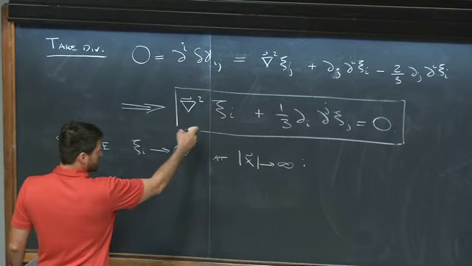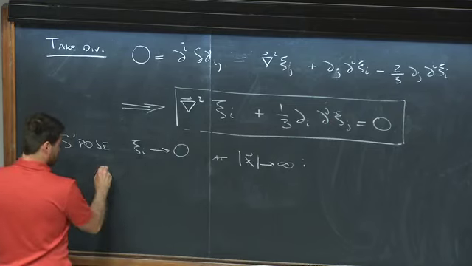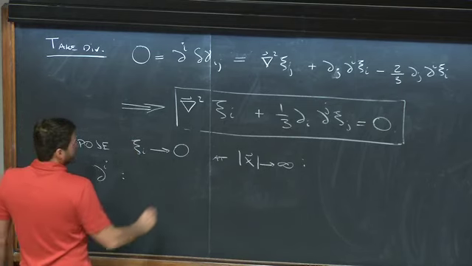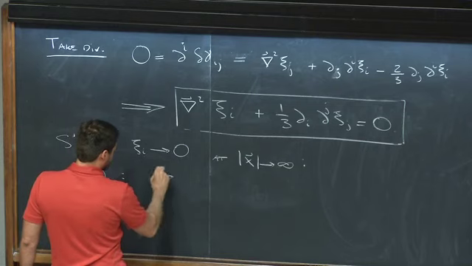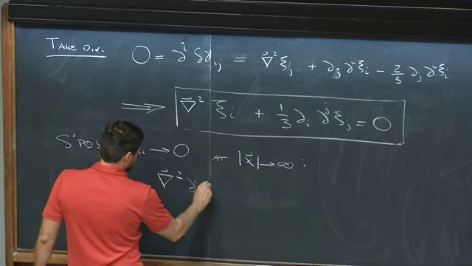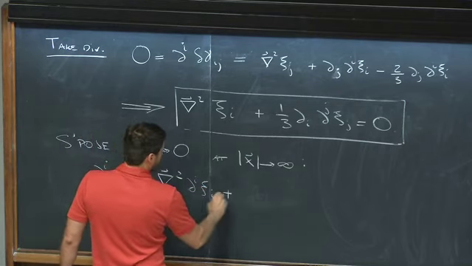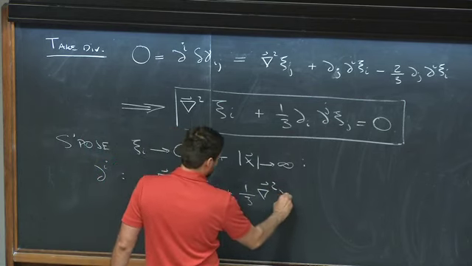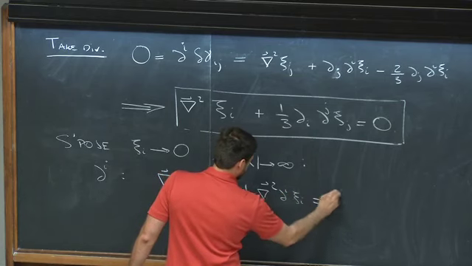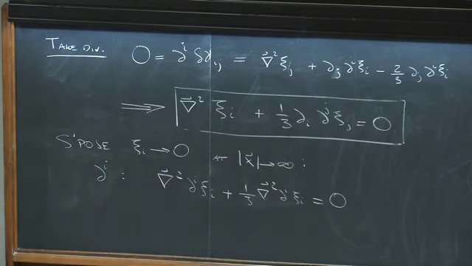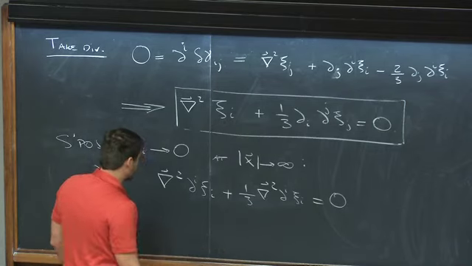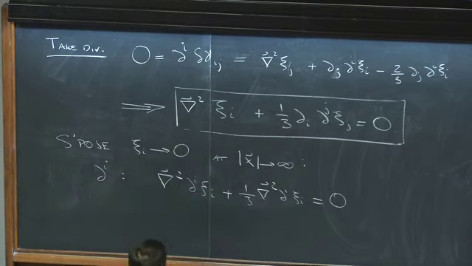So let's see. Let's take the divergence of this equation. So if I hit this with a divergence, what I'll find is Laplacian on the divergence plus, same thing, a third of Laplacian of the divergence is 0. Okay, so in other words, the Laplacian of the divergence is 0. And since now I'm assuming things fall off at infinity as usual, I can invert the Laplacian trivially.